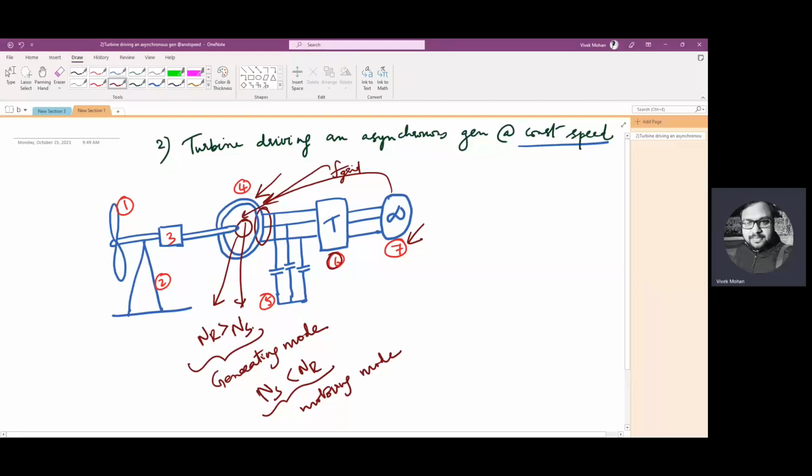Now the turbine runs at essentially constant speed, because here the gearbox ratio would be some 1:60 or 70. So 60 times the speed of the blade would be the speed of the induction generator.